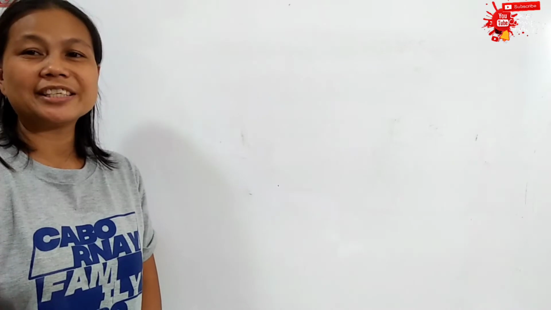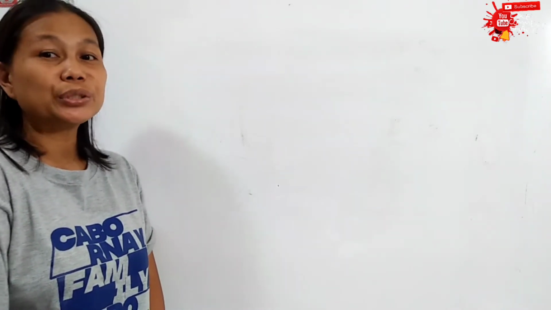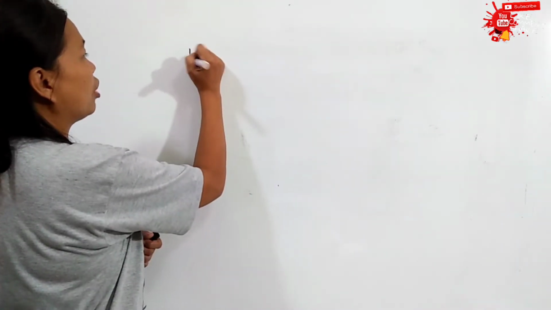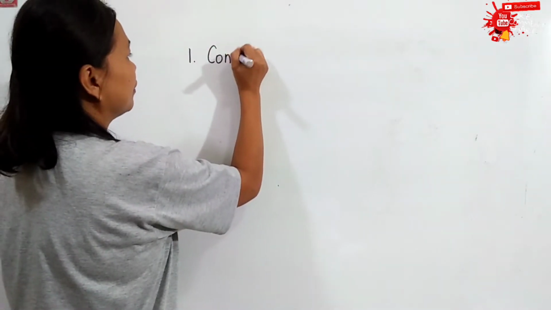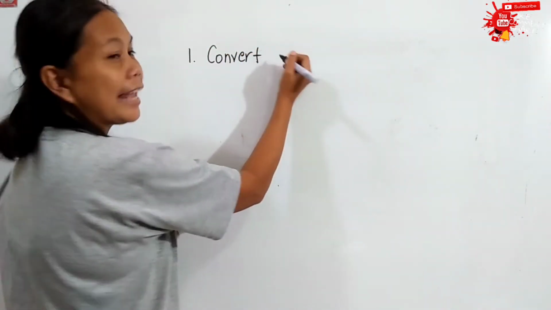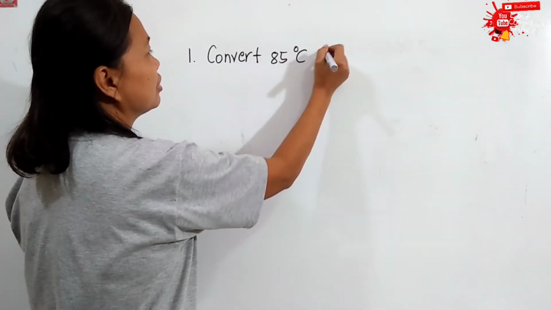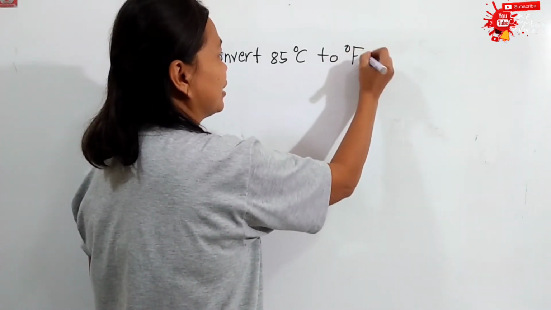Okay, let us have examples of conversion from one unit of temperature to another. Let us have example number 1. Let us convert 85 degrees Celsius to degree Fahrenheit.